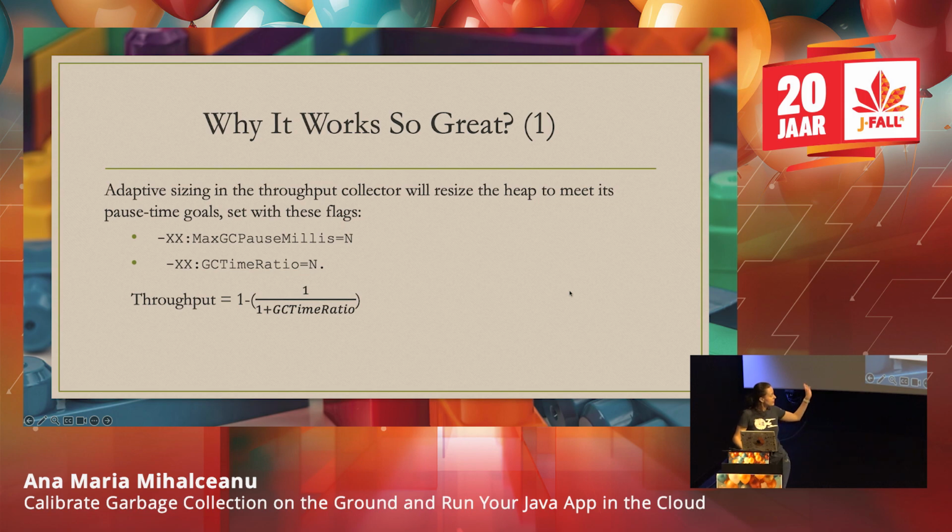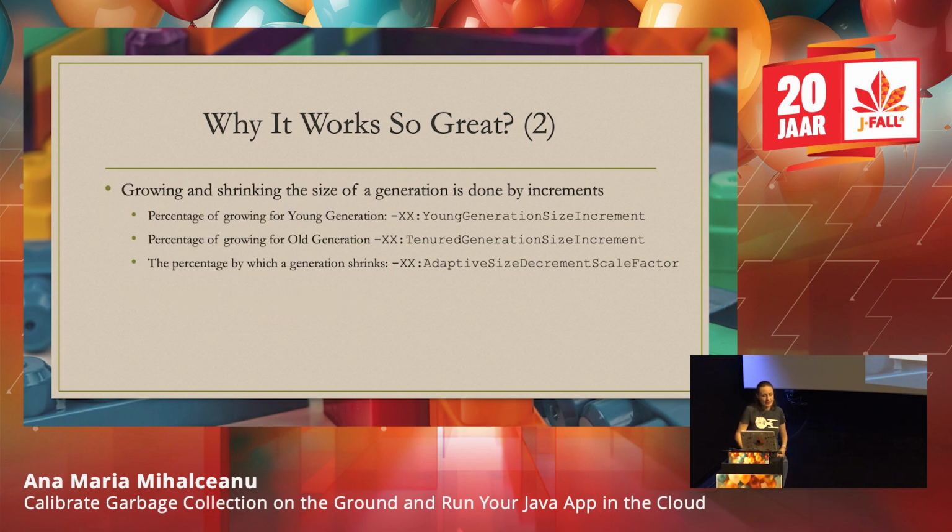In this case, you have the formulas for the throughput and their impact on it. So when you set those values, you do have an impact on throughput. And then we can also impact the throughput more by setting the flags for how the young generation and old generation grow, and the percentage that the generations grow by as well.